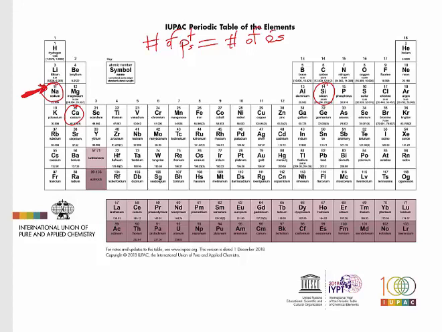If silicon has 14 protons, then that means silicon also has 14 electrons. And if calcium has 20 protons, then that also means that calcium has 20 electrons. So by simply looking at the periodic table, we can determine the number of protons in an atom and we can determine the number of electrons in the neutral atom.